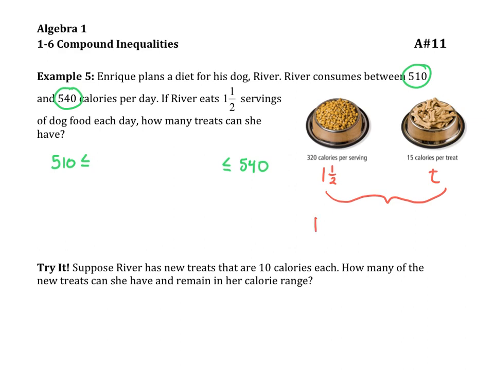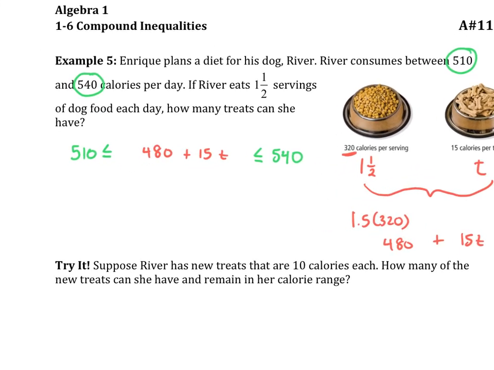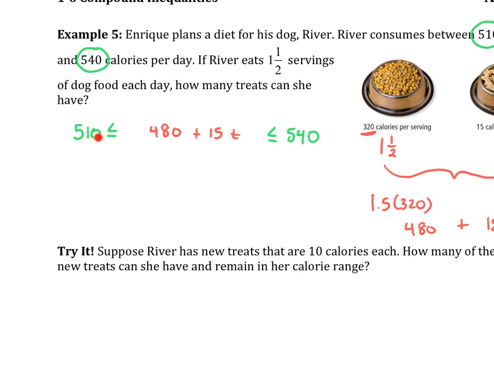When I take the 1.5 and multiply it by 320, because that's what it says here, that gets me 480 calories, plus 15 calories per treat. So that is the piece that goes inside here. Now all we have to do is solve this. So again, let's walk through. This is the lower limit, this is the upper limit, and this is the diet. Already eats this much, and this is the treat component.